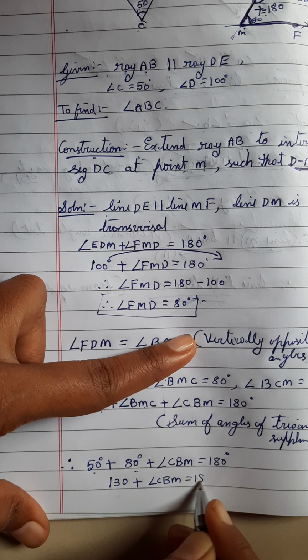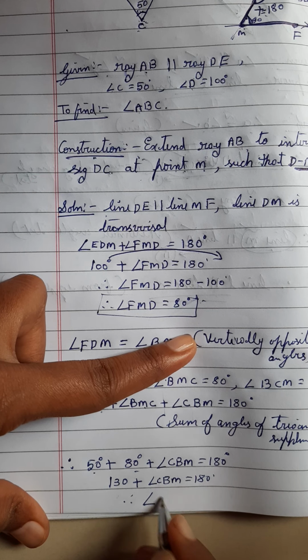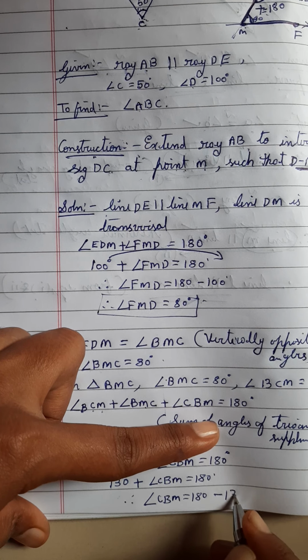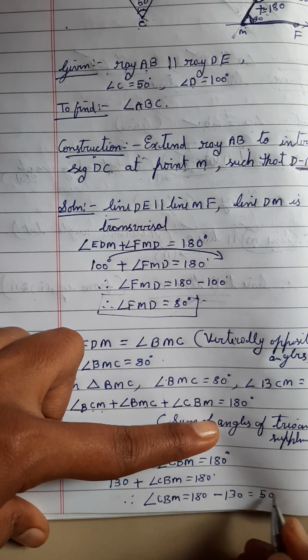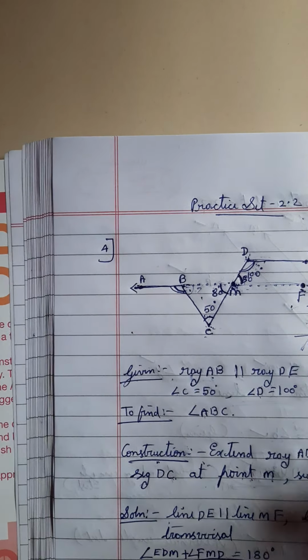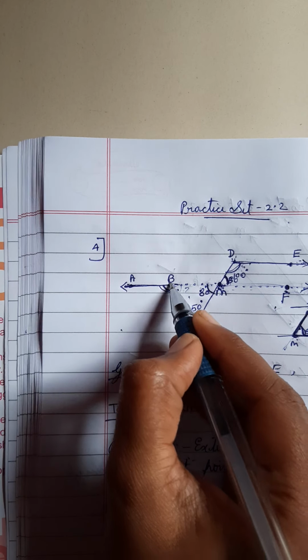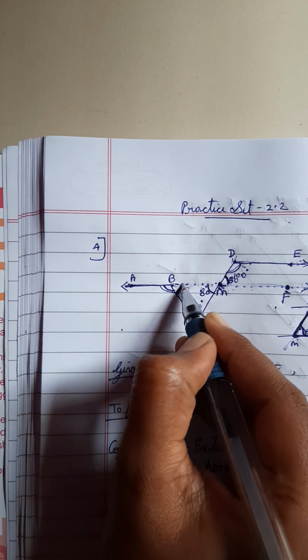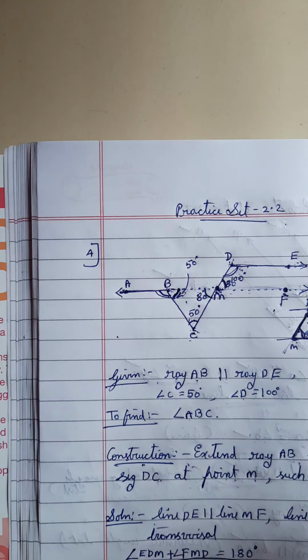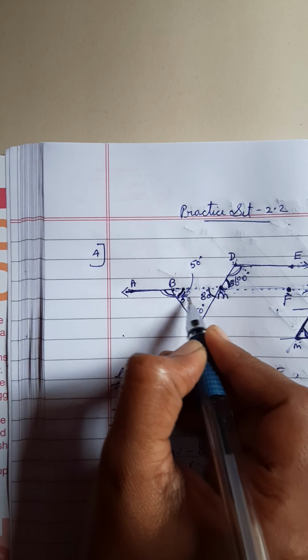CBM is equal to 180 degrees. Therefore, CBM is equal to 180 minus 130, that is equal to 50 degrees. Now, where is CBM here? This angle is 50 degrees. You can write here also 50 degrees.